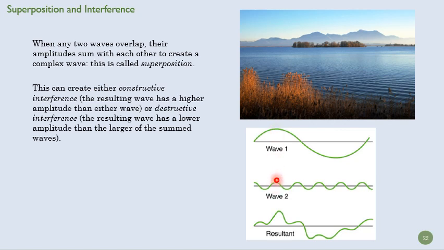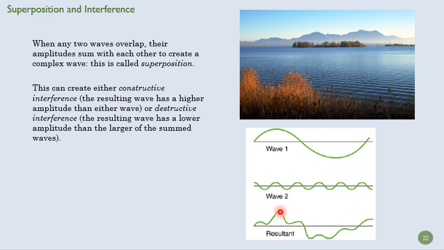My amplitude here is positive, here it's positive, and so my amplitude of the resulting wave is larger. So right here, we have a nice example of constructive interference, while right here, we have an example of destructive interference. I have a positive amplitude here, I have a negative amplitude here, and the result is that I have an amplitude of my resulting wave which is smaller than this big wave, right?